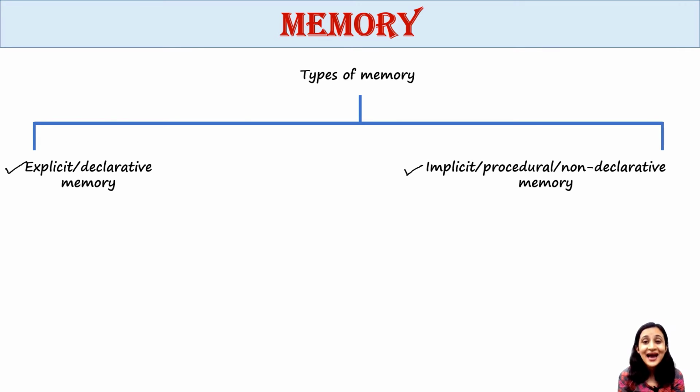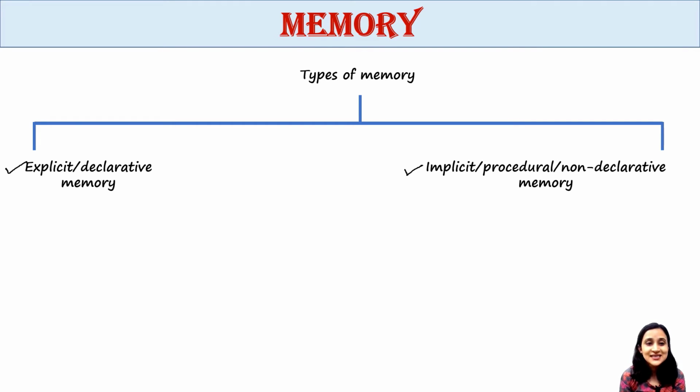Because I can declare it. This is a pen. I can declare. So explicit or declarative memory is the memory of experiences that can be declared, such as facts, objects, events, places and names.